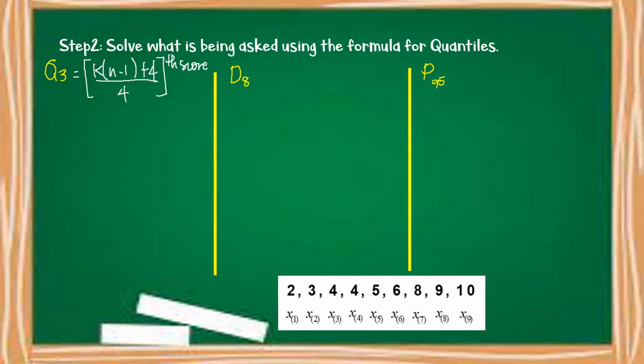So we have to write the nth score and then substitute. The number of the quartile is the third one, since we are looking for the third quartile. So 3 times, we have 9 observations here, so 9 minus 1 plus 4 all over 4.